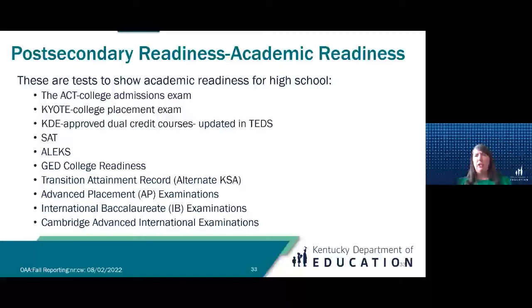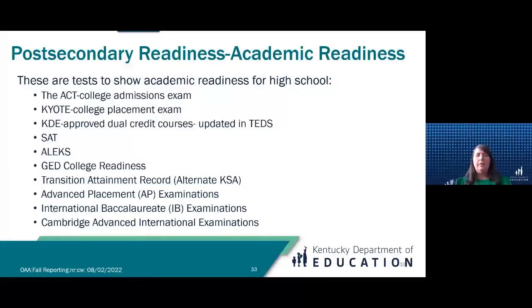For academic readiness, you'll be able to see all of your information about academic readiness, your demographics for your students, and file non-participations and accountability changes. You'll go to data review, then click on post-secondary readiness and get to your student listings to make changes. If you've got to make changes to scores, you have to go to the one that says post-secondary readiness scores, and we're going to show that.